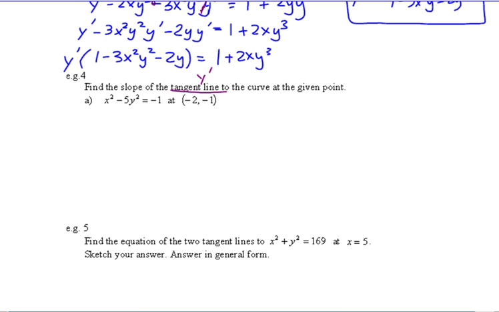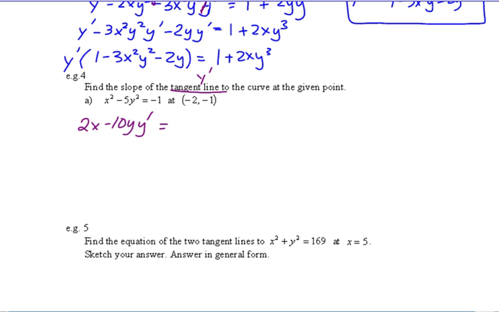Okay, so derivative of x squared: 2x. Derivative of minus 5y squared: chain rule, 5 times 2, so minus 10y, and then the derivative of the inside, derivative of y, times y prime.